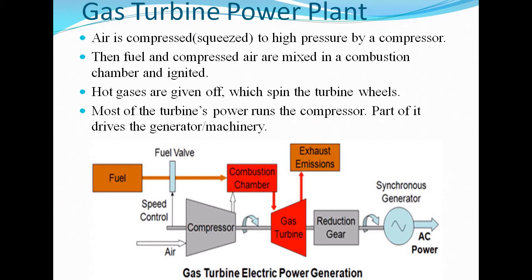Since the compressor and gas turbine are mounted on the same shaft, most of the turbine power runs the compressor. So this is just the overall construction of a gas turbine power plant.